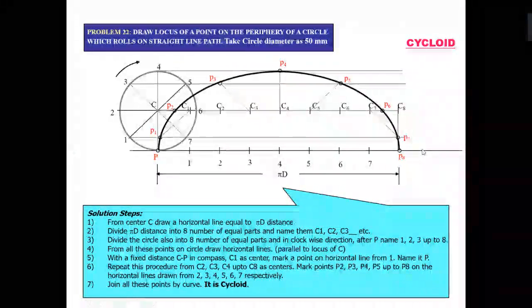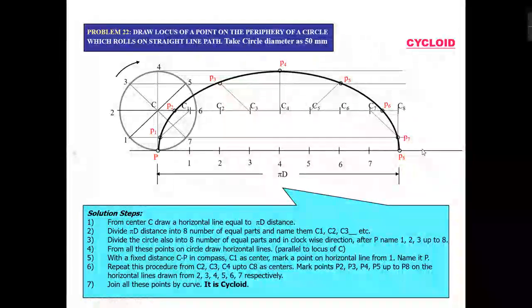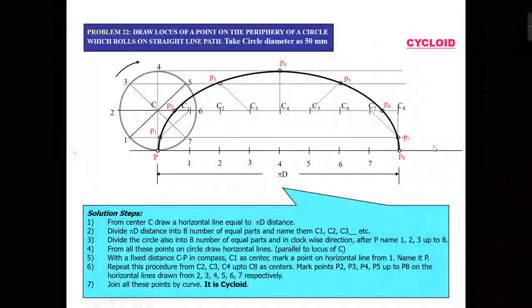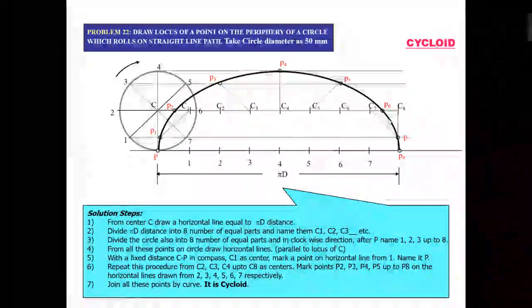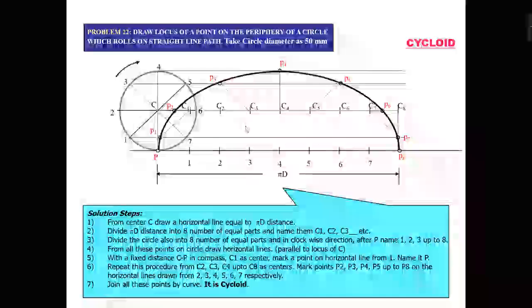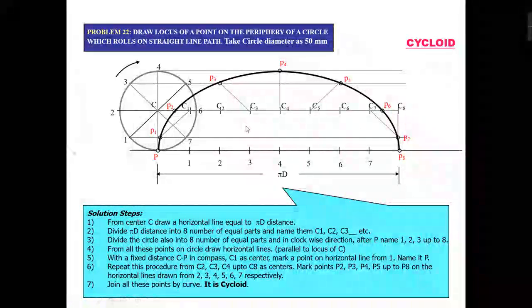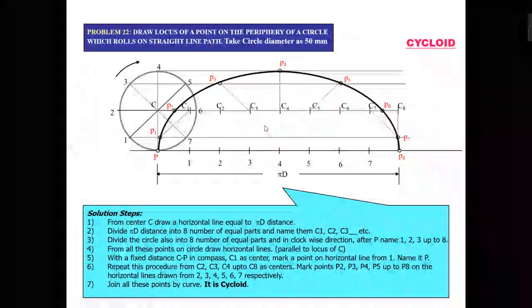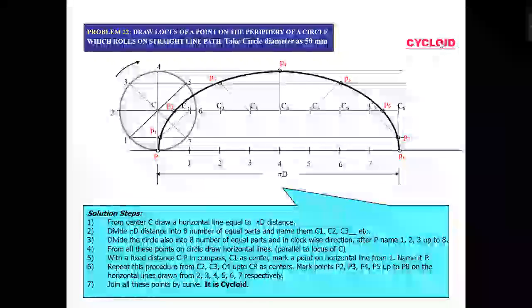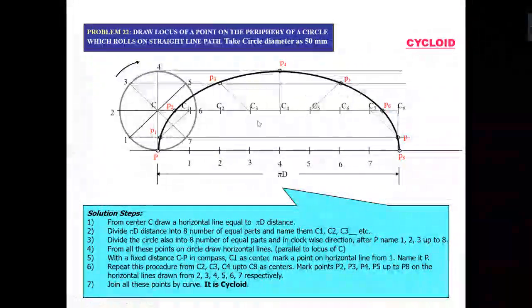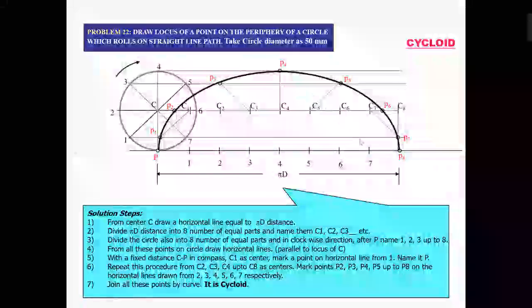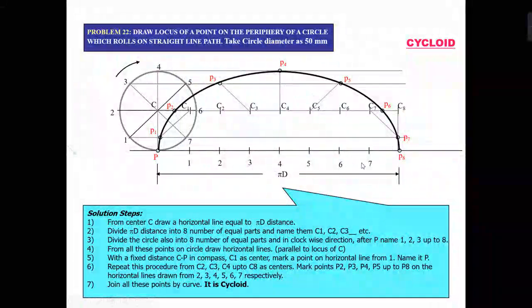Or you can also draw it freehand. Okay. So see, whatever I have just discussed with you, like scale, circle, cycloid, cycloidal curve, parabola, ellipse, on all these drawings naming is important.